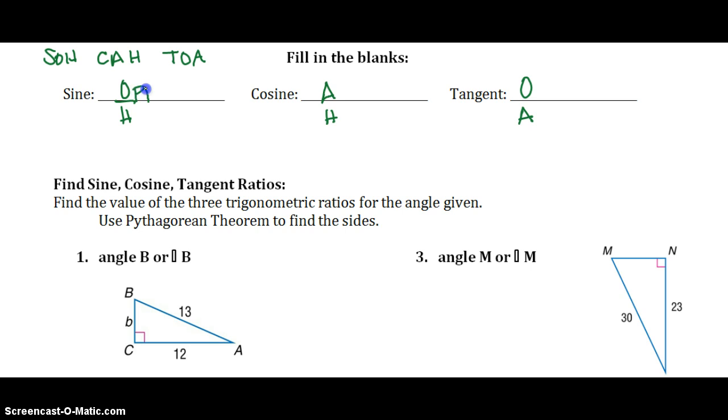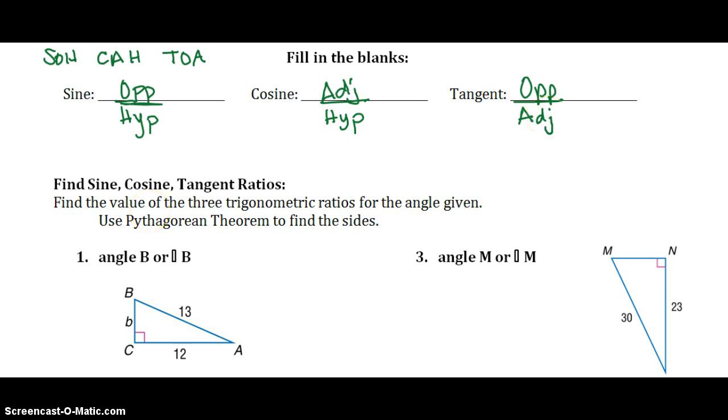So we're going to look at some examples to help you be able to identify adjacent, and of course hopefully everybody can identify hypotenuse, and to identify opposite. So these are the actual ratios: SOH, opposite over hypotenuse, CAH, adjacent over hypotenuse, and TOA, opposite over adjacent.